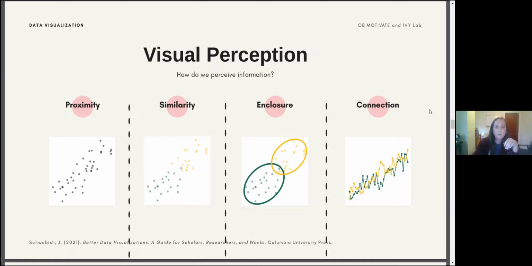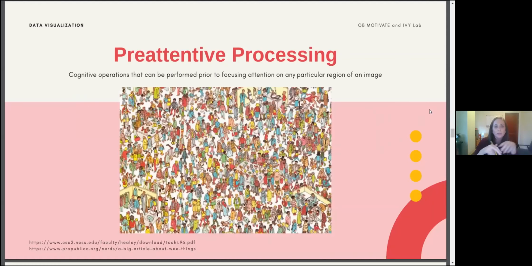These are part of what are known as pre-attentive processing attributes. So these are visual triggers that unconsciously help your readers understand connections in your results or arrive at your take-home conclusion. So they are cognitive operations that can be performed prior to focusing your attention on any particular region of an image.